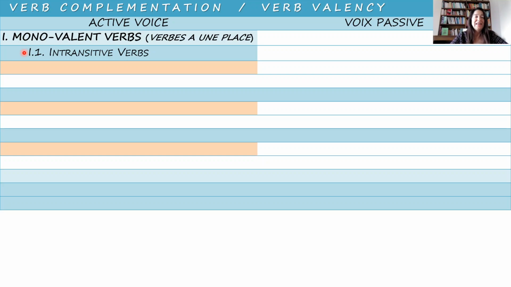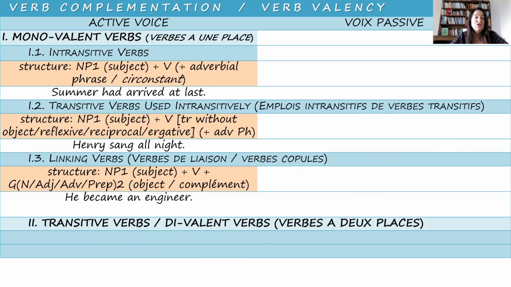And in this category are intransitive verbs, so verbs that cannot have an object, qui ne peuvent pas avoir un complément. They can only have a subject, so they are intransitive, and obviously they cannot be used in the passive voice. Other details should be mentioned, but it's not really the place here, because the only thing to remember is that monovalent verbs cannot be used in the passive voice.